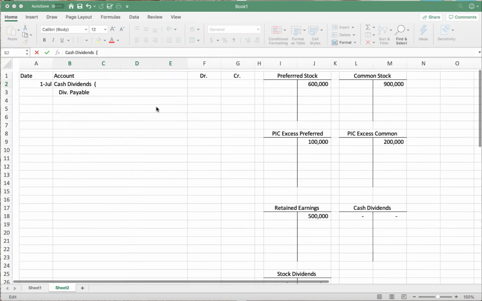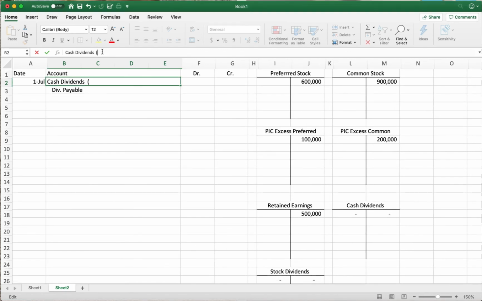Sorry about that. Come on. There we go. Okay. $900,000. That's the total value of that common stock account. We know that the par value is $10.